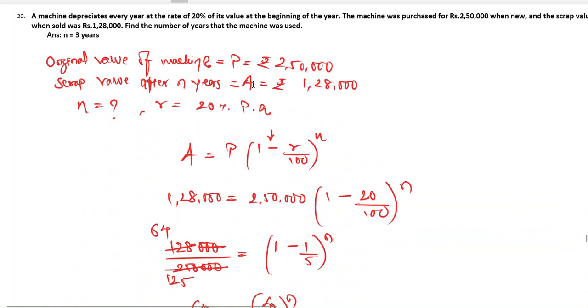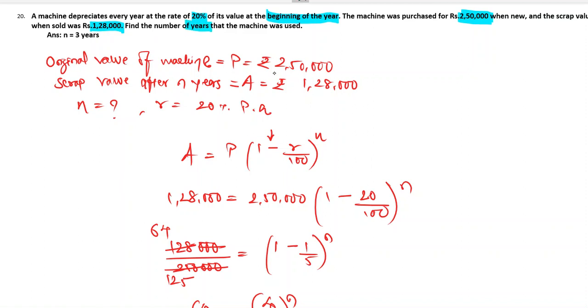A machine depreciates every year at the rate of 20% of its value at the beginning of the year. So there is a depreciation. The machine was purchased for rupees 2,50,000 when new, and its scrap value when sold was 1,28,000. Find the number of years that the machine was used.